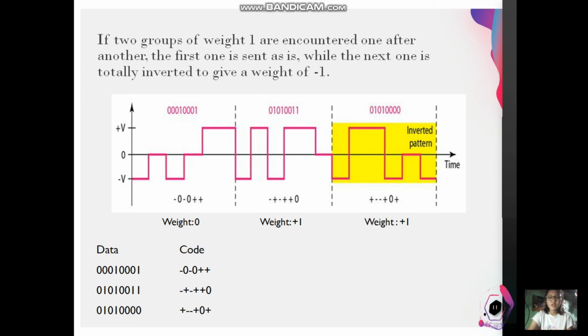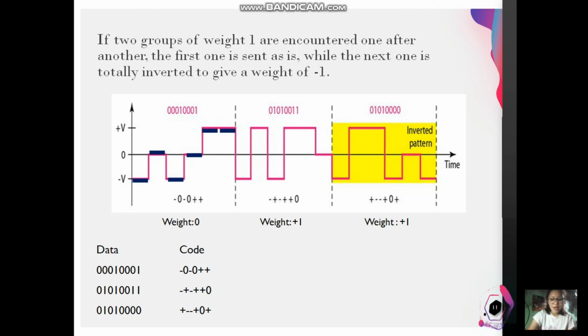Here, the following figure shows an example of three data patterns encoded as three signal patterns. The first 8-bit pattern, 00010001, is encoded as the signal pattern negative, 0, negative, 0, positive, positive, with a weight of 0.